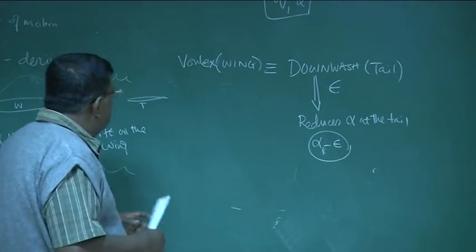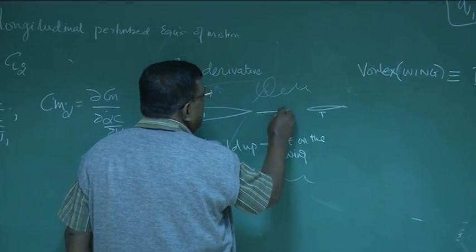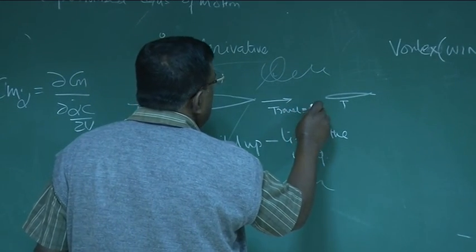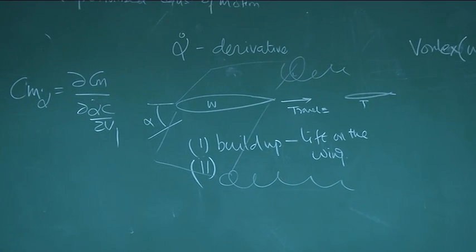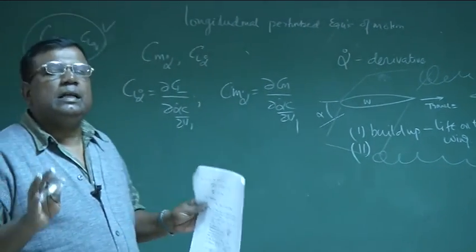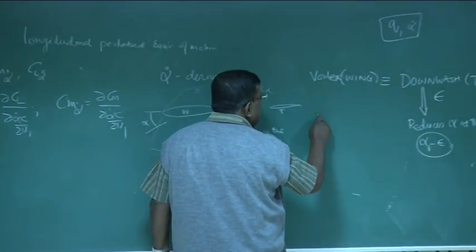What I mean is, please understand, these vortices will travel approximately equal to the speed of the aircraft. There are debates, there are theories which say 50% speed, but I am assuming that it travels with the same speed as the airplane.